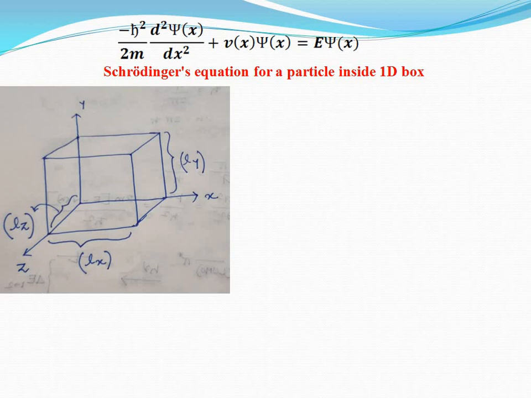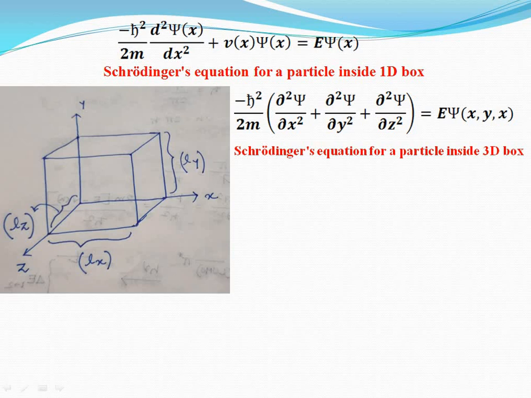Similar to the particle in a one-dimensional box, there is an infinite potential barrier outside this box, so the particle cannot go outside this box. Within this box there is 100% probability that the particle can be found, and these are the lengths of that box, Lx, Ly, Lz, along three separate directions.